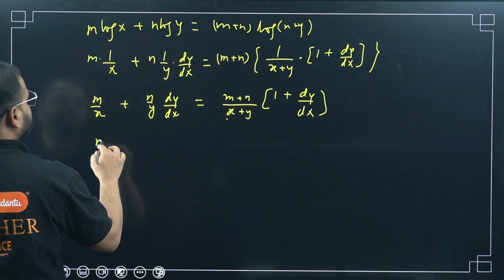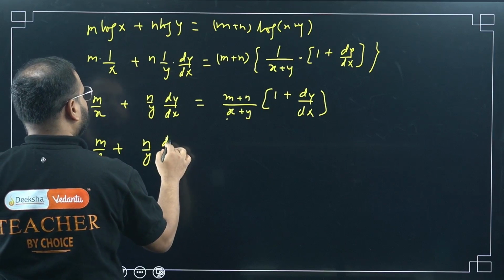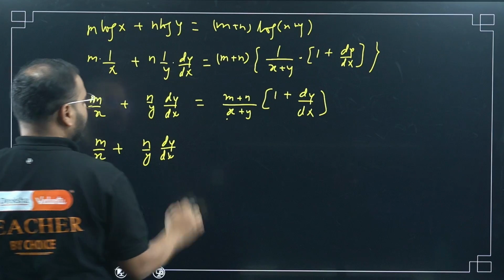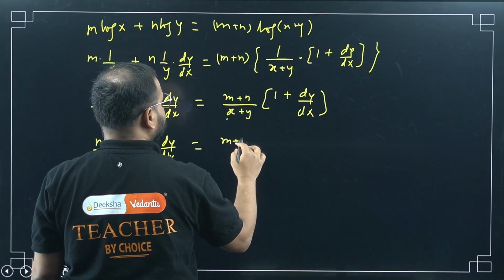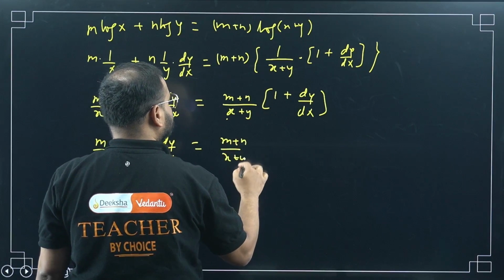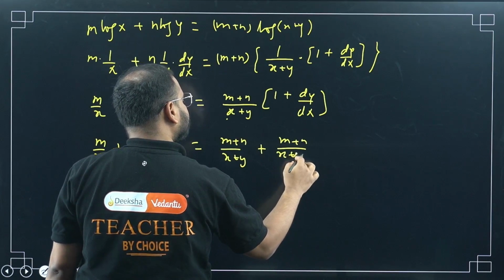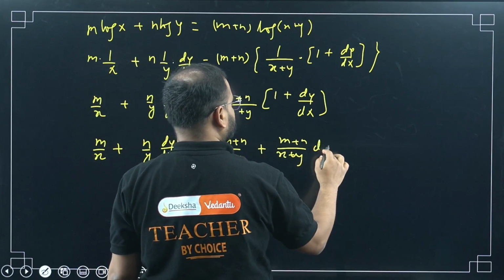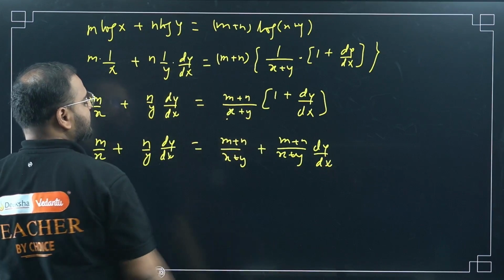Expansion over here: m by x plus n by y dy by dx equals to what? Right, I've done the expansion for the bracket.